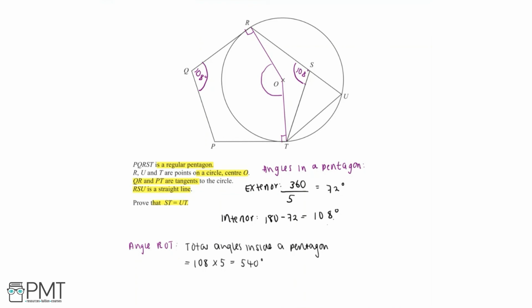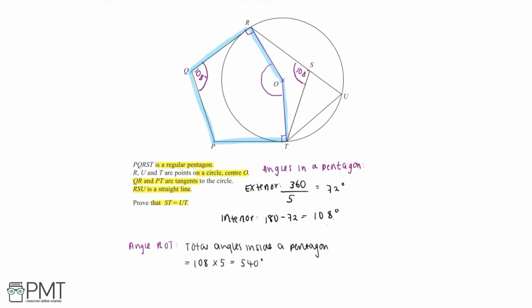So now outlining RQPTO, we can see that this shape is a pentagon. It's not regular, but we know that all angles inside this shape add up to 540 degrees. And so we can use this fact in order to find angle ROT. Now like we said earlier, each interior angle in a regular pentagon is equal to 108 degrees.